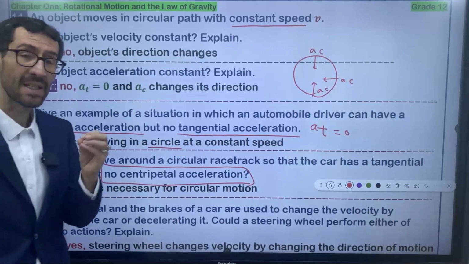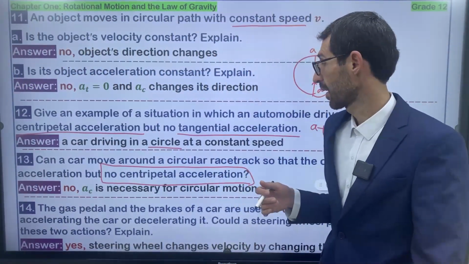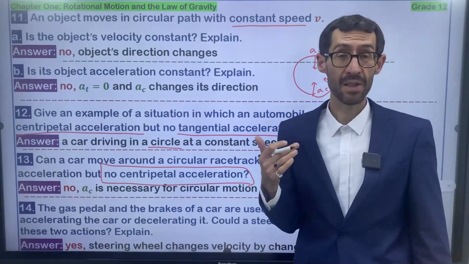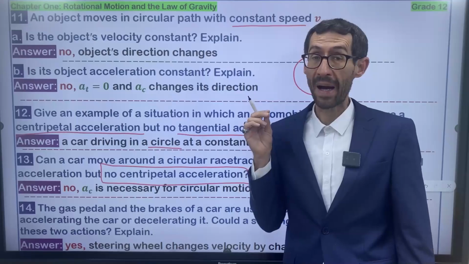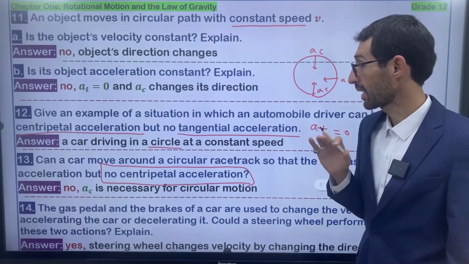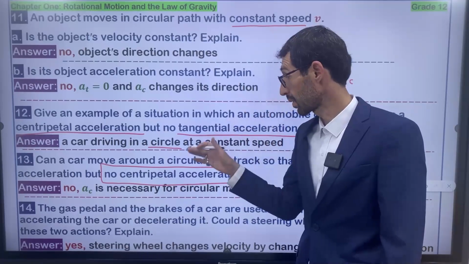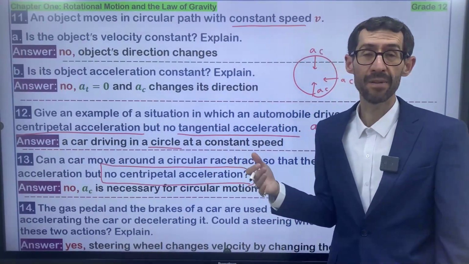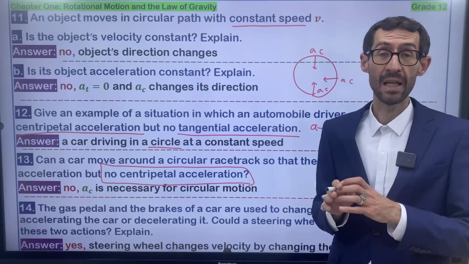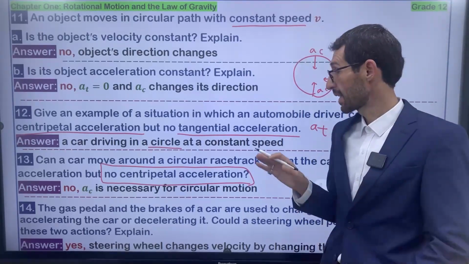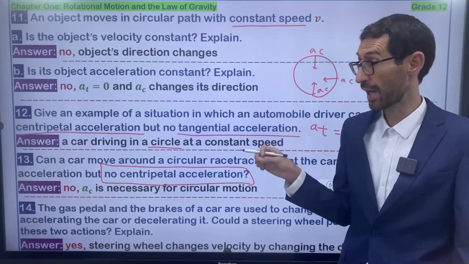I told you, any circular track provides a centripetal acceleration directly, automatically, and you cannot have zero centripetal acceleration. You cannot eliminate centripetal acceleration. Centripetal acceleration is necessary for a circular track.